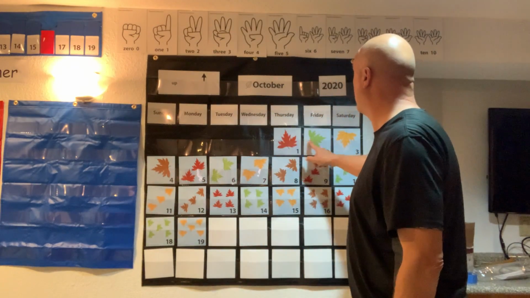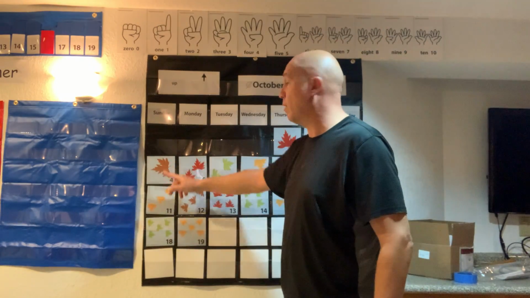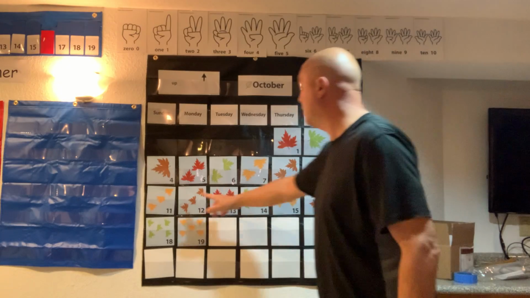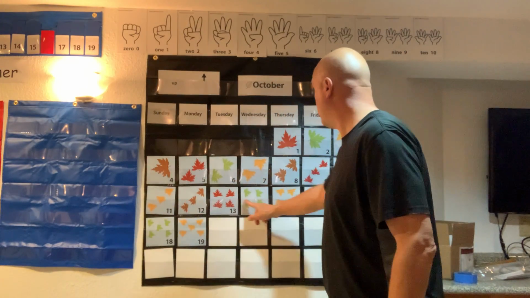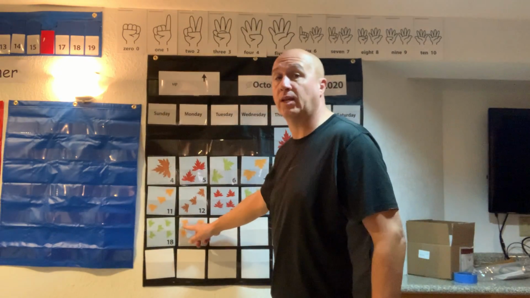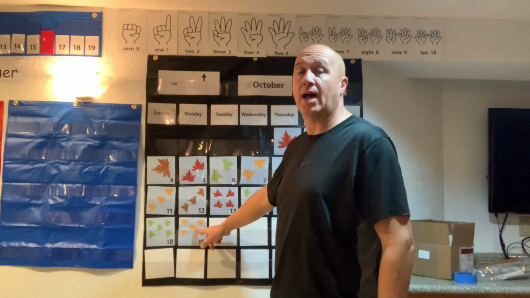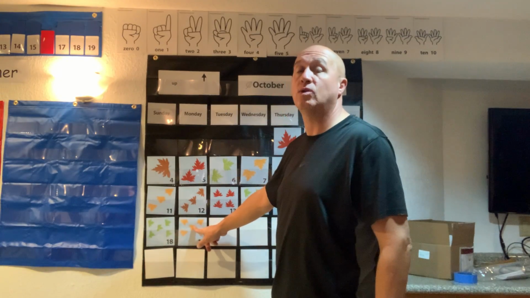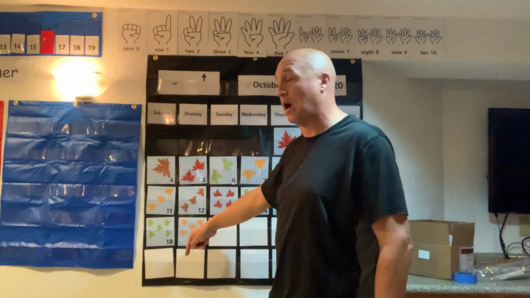We started with 1 leaf, then we had 2 leaves, then 3 leaves, then 4 leaves, then we had 5 leaves. And yesterday on the 19th, we had 5 leaves, we had yellow, so that means yellow was pointing down.